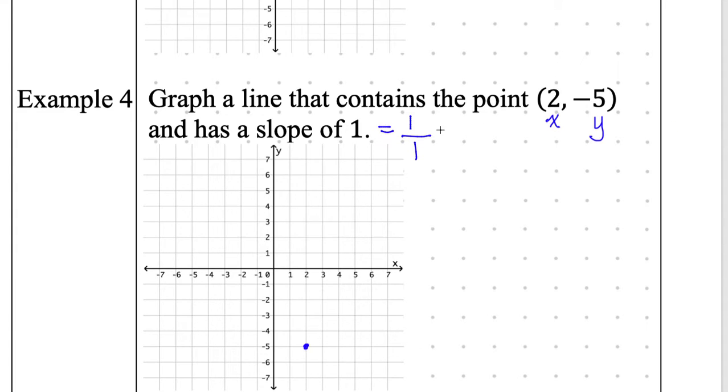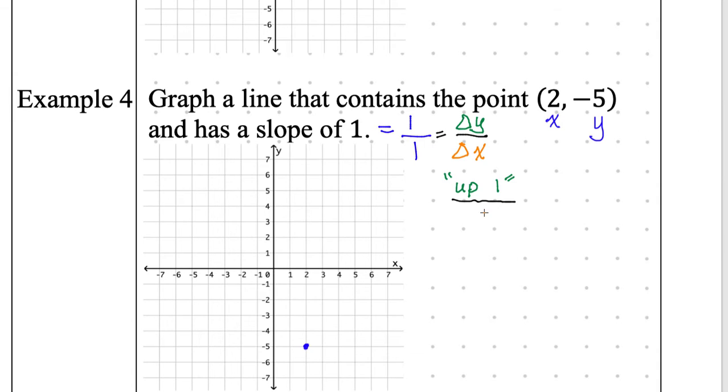Now I'm going to set this equal to the slope. The definition of slope states I'm going to have delta y on the top, delta x on the bottom, which means if I'm converting this into text, delta y is equal to positive 1 literally means go up 1.